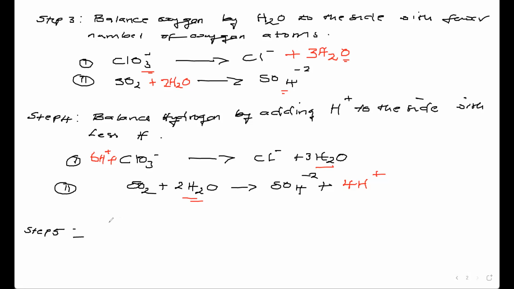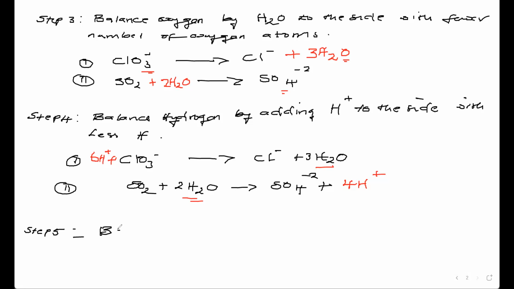Okay? Balancing the charge on step number 5. Now, how do we balance the charge? We balance the charge by adding electrons to the side with higher oxidation state.